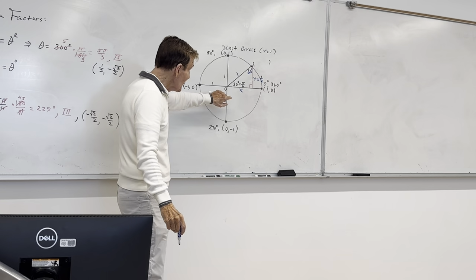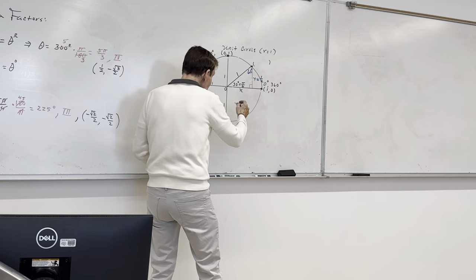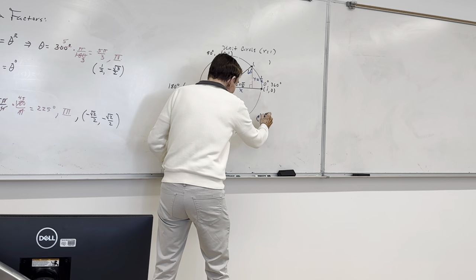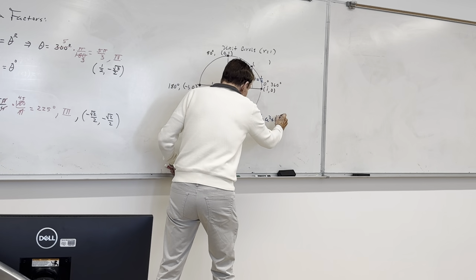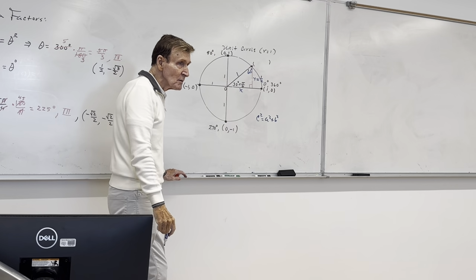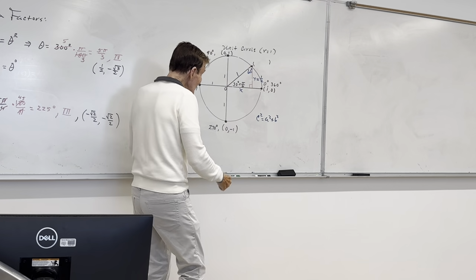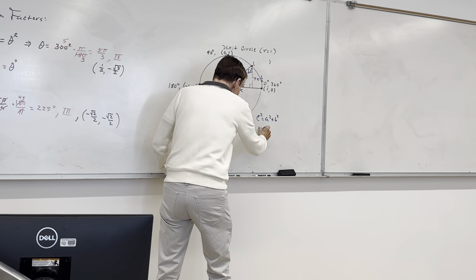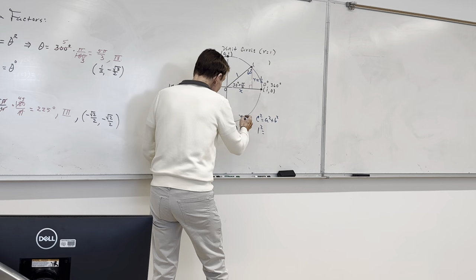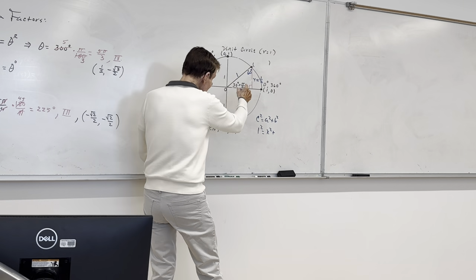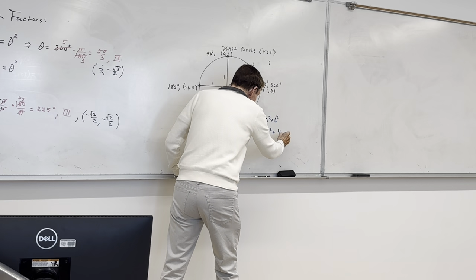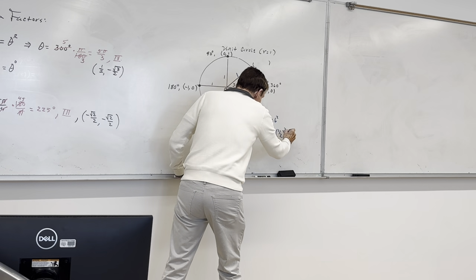To find the length of the other side, I think right at the end of class, we used the Pythagorean theorem. Is that true? C squared is the hypotenuse squared, that's 1 squared. A squared is my x squared, it's missing. B is 1/2, which I found earlier.